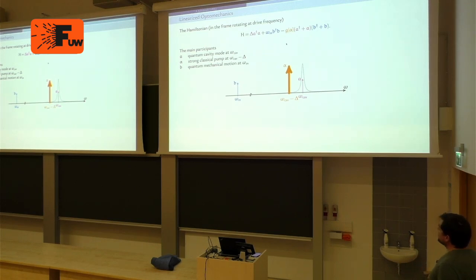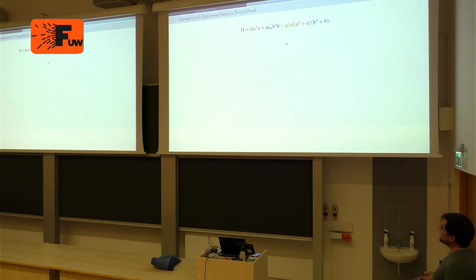This is still a sufficiently complicated Hamiltonian. We want to make it simpler, so we go to the frame which performs rotations defined by the free Hamiltonian of these two modes.